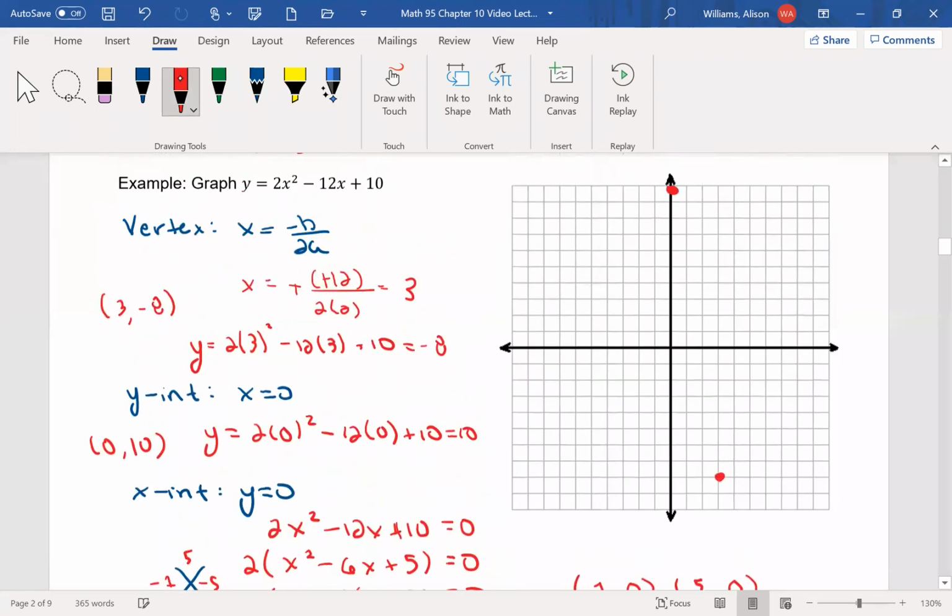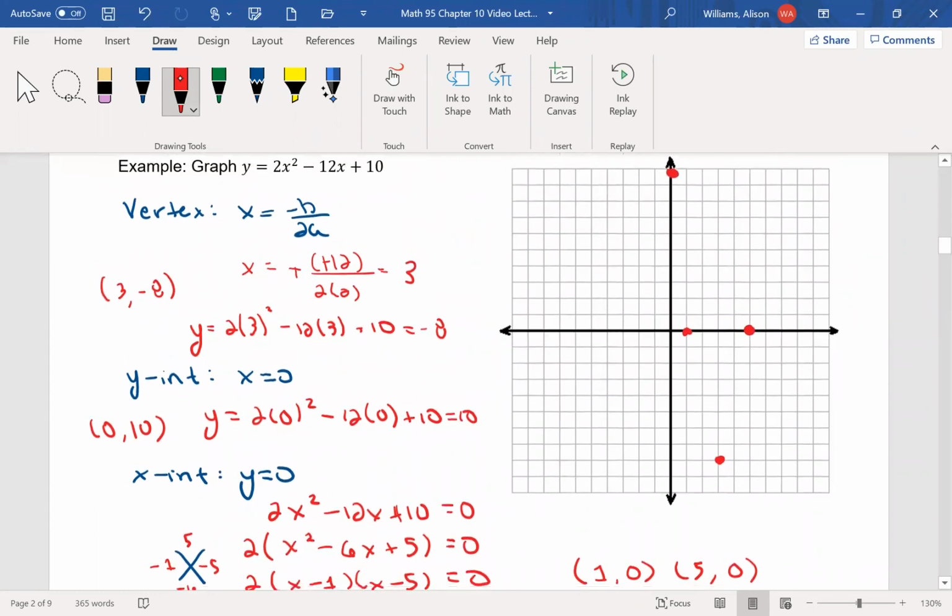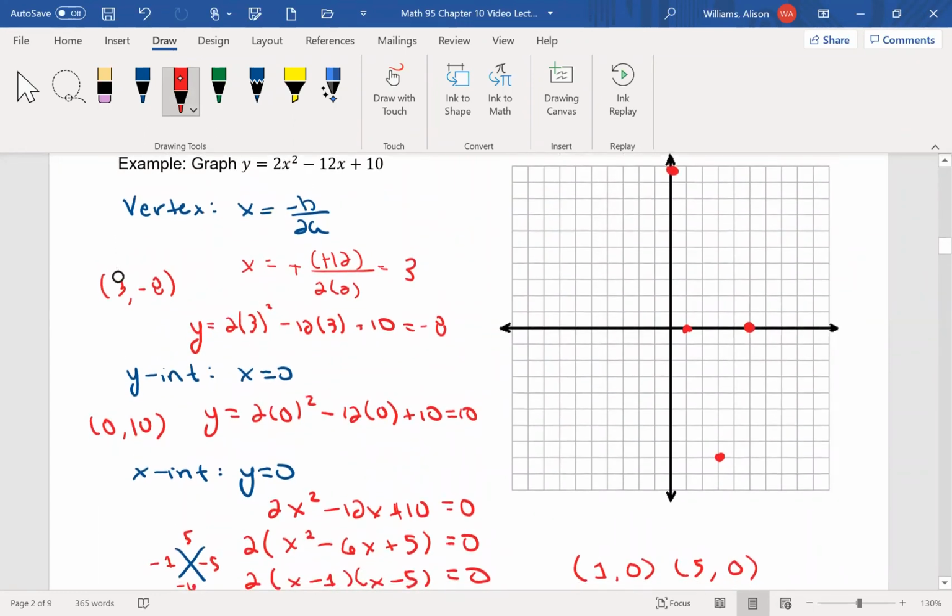Okay, so let's go ahead and plot that. So 1, 0, and 5, 0 would be right there. All right, so there we go. It's kind of a skinny parabola. And I have symmetry right here at that point.